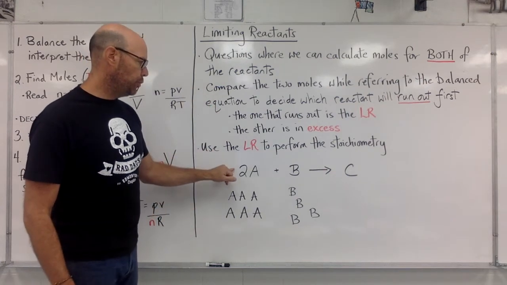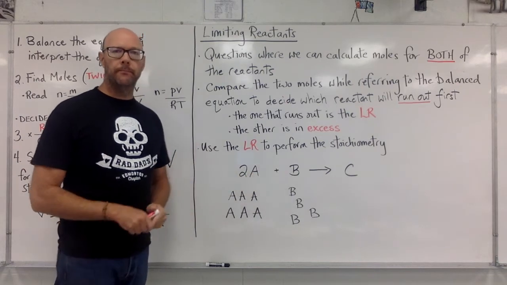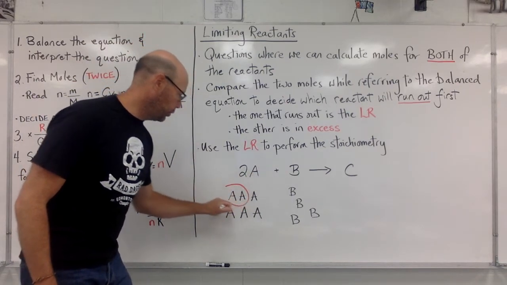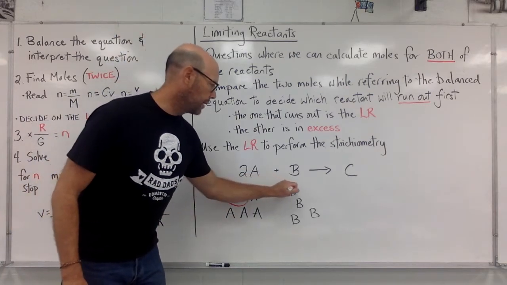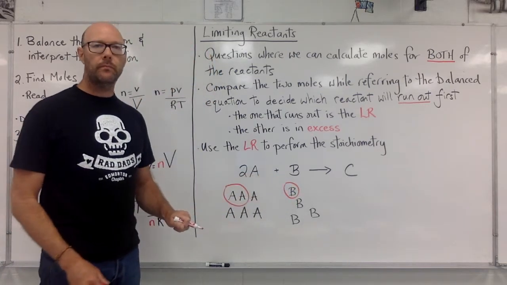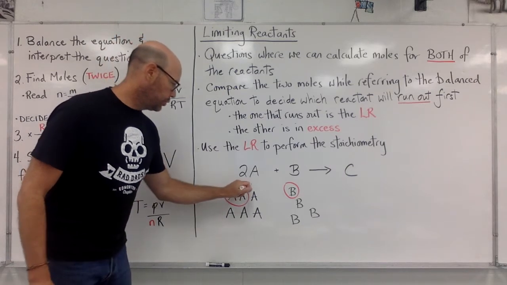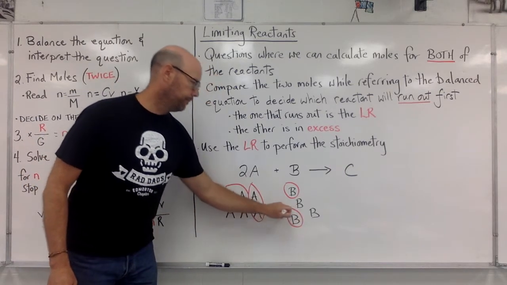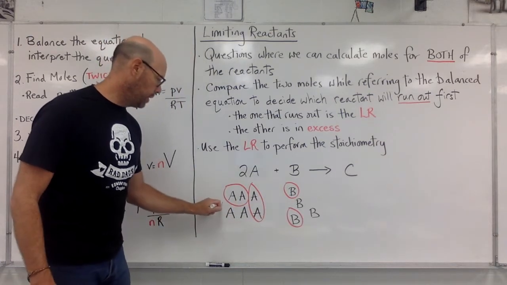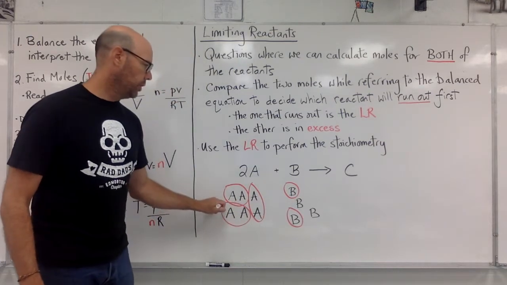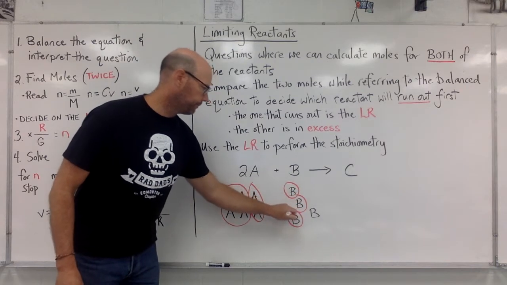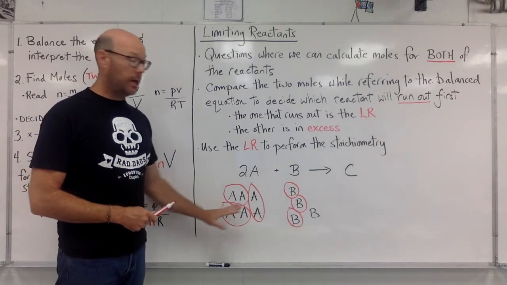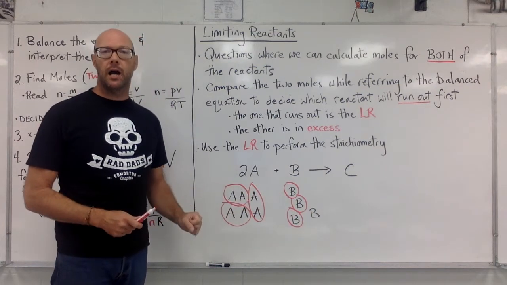So this says 2 A's react with B. So if I used 2 A's react with B. And I do that again. 2 A's react with B. And another time, 2 A's react with B. Oh, at this point, all of the A's ran out, but there's still B left behind.